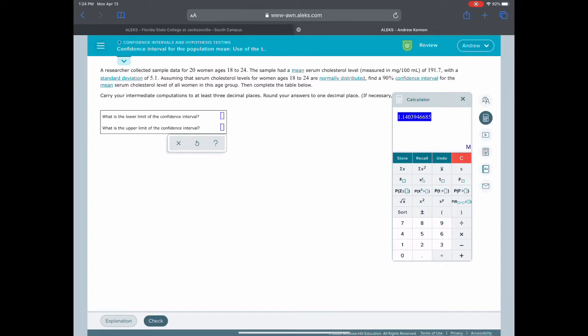Now what we're actually going to do with this number is take it times that t-value that we have stored. We get 1.791.